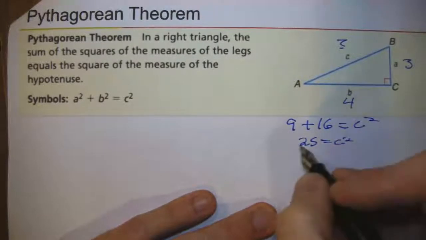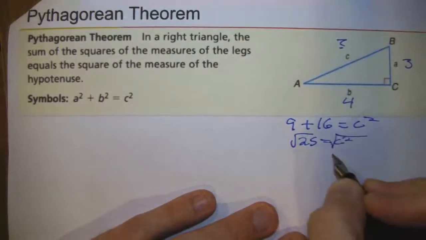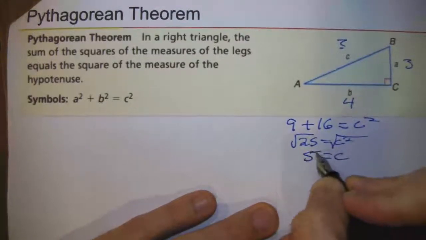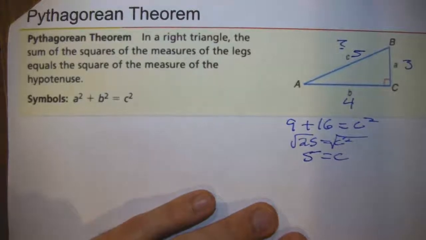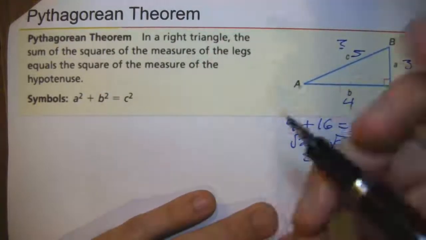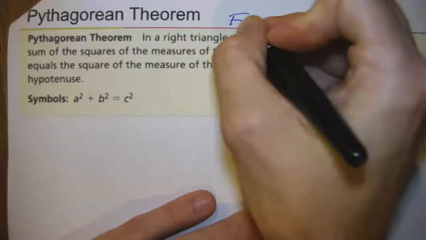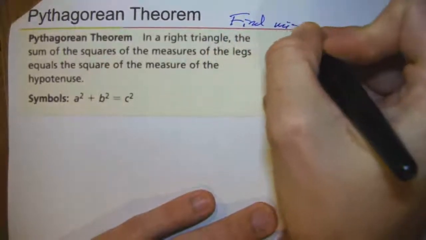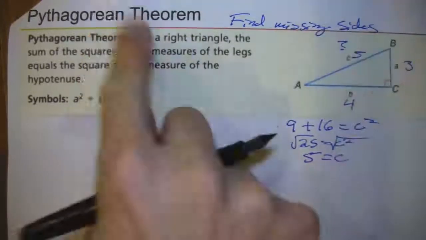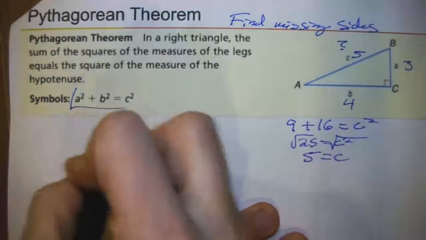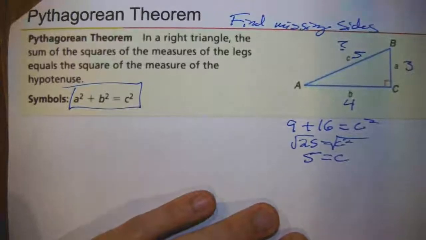I just want to know what C is. So I'll have to take a square root. And in this case, C is 5. So this distance here would be 5 units, whether we're talking inches, miles, whatever, it doesn't matter. So we can use the Pythagorean theorem to find missing sides.